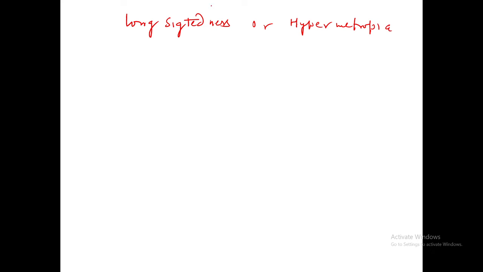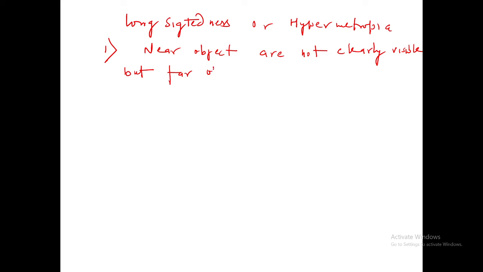Okay, so what are its features? Near objects are not clearly visible, but far objects are clearly visible.